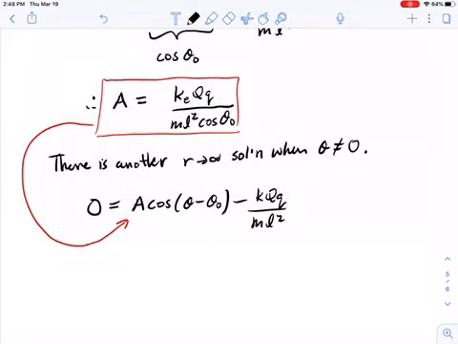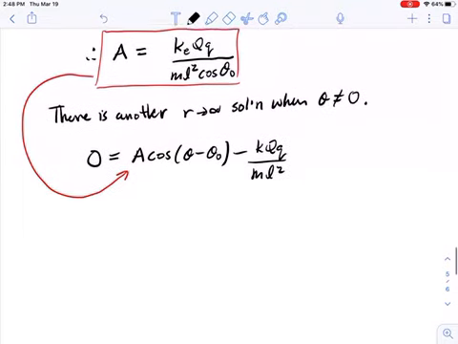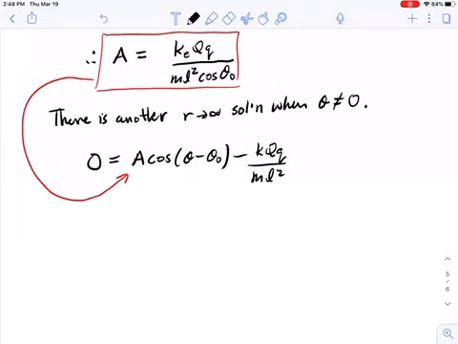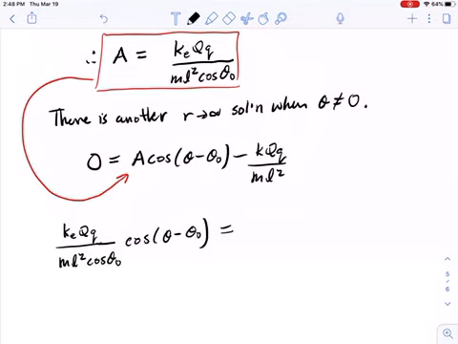So we're going to end up with K Q Q over M L squared cos theta naught times cos of theta minus theta naught is equal to, let's bring the other term to the other side, K_E Q Q over M L squared.